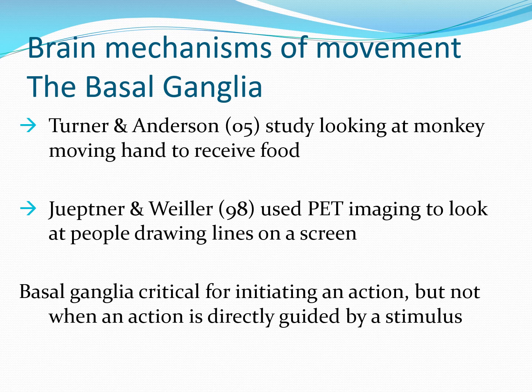If they started a new circle, we see activity in the basal ganglia. If they traced over a circle that was already on the screen, there was not so much activity in the basal ganglia, showing that the basal ganglia are critical for initiating an action, but not when an action is really directly guided by a stimulus that's out in the world.